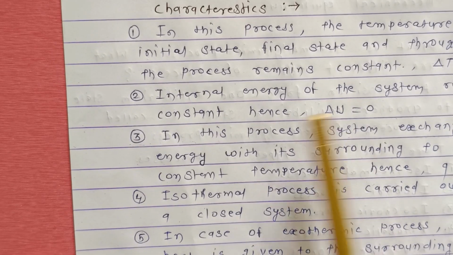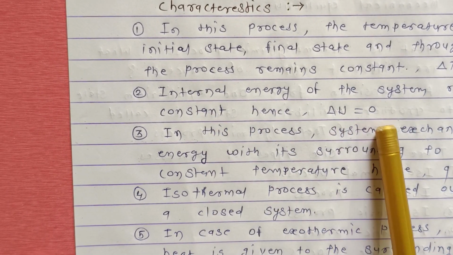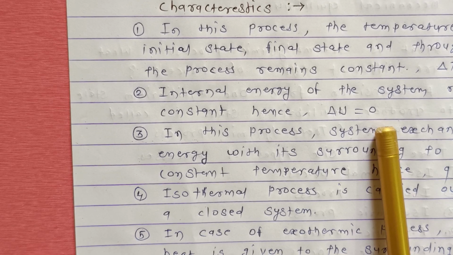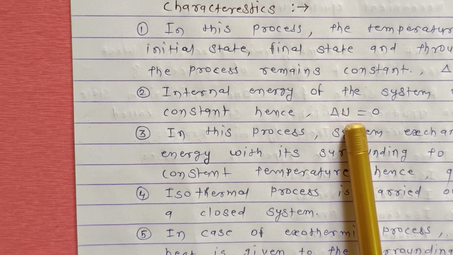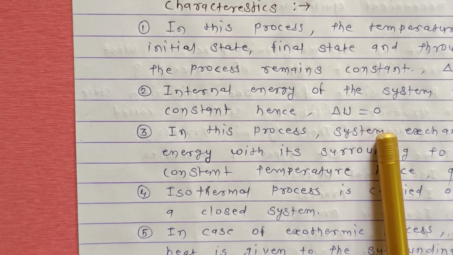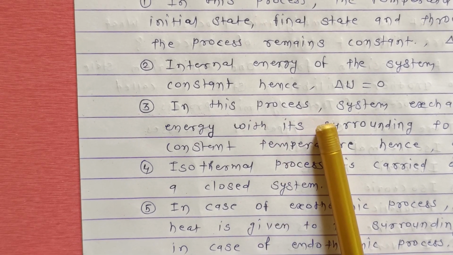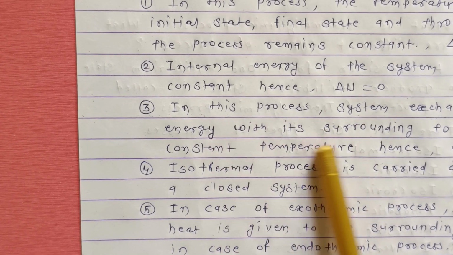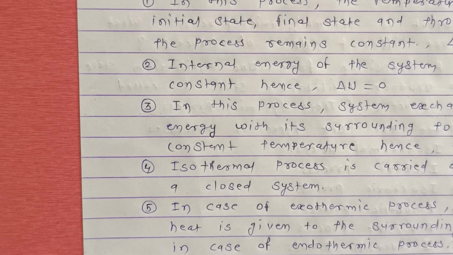Now we are going to focus on the second point. Internal energy of the system remains constant, hence delta U is equal to 0. Just I have given you the explanation that internal energy is temperature dependent. If temperature is going to change, then internal energy also changes. But is there change in temperature? No. Delta T is equal to 0.